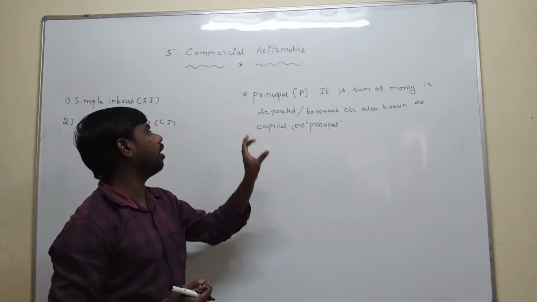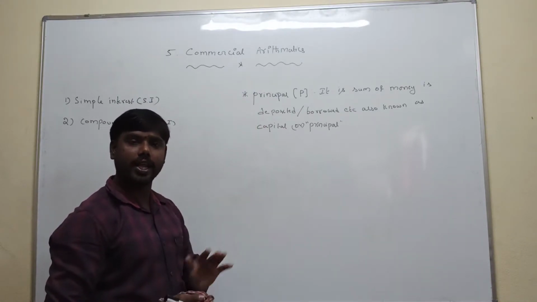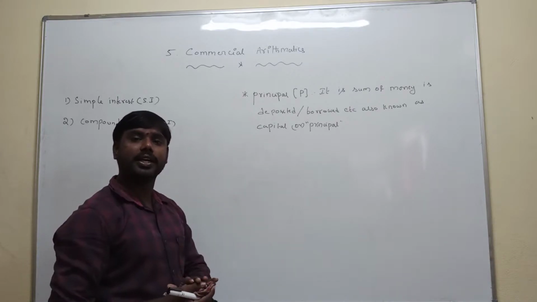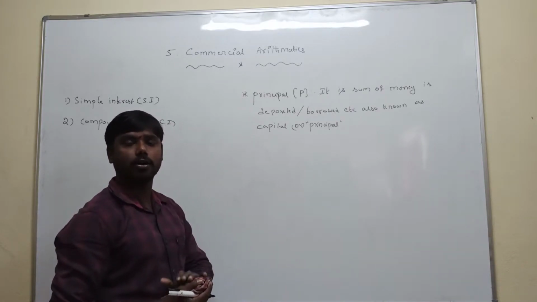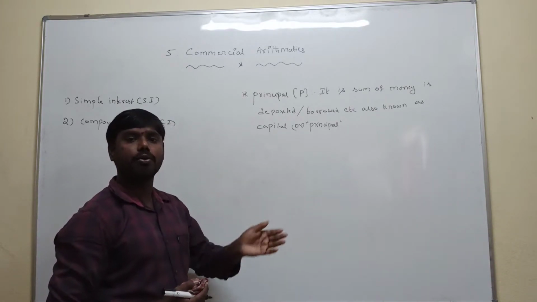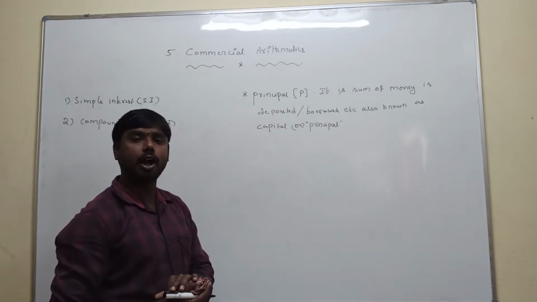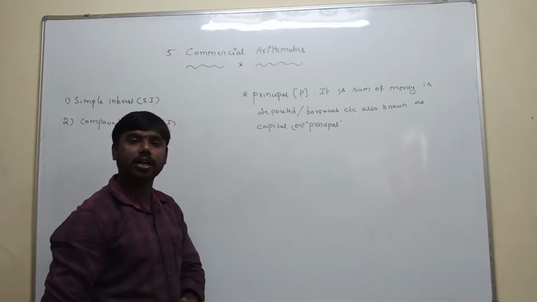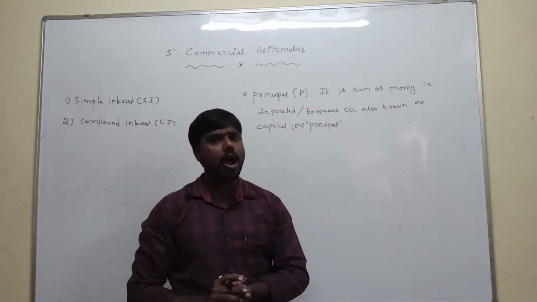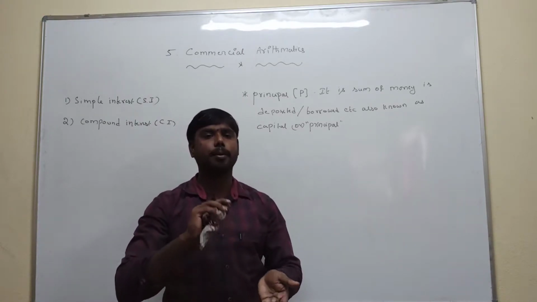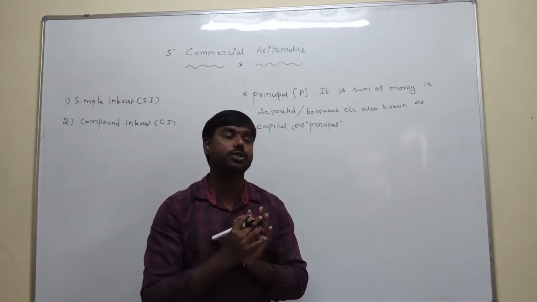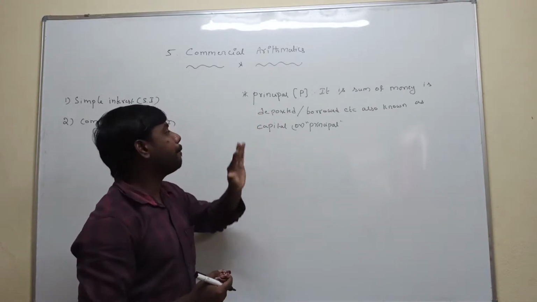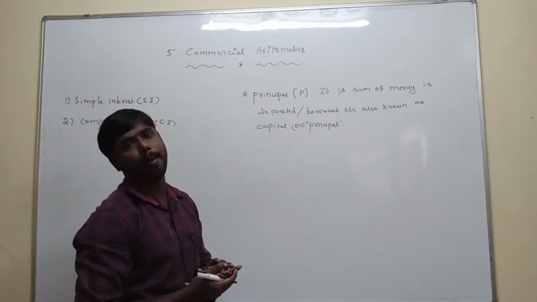That amount is called a principal. Or else one person is taking a loan from a friend. The lent amount is called a principal. Principal is nothing but money deposited, borrowed or lent, and it is denoted by capital P.